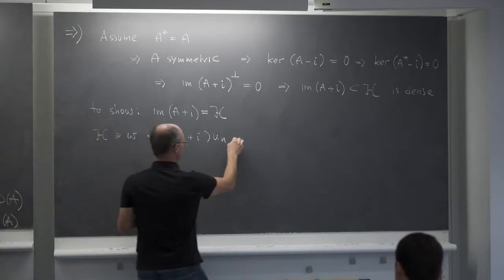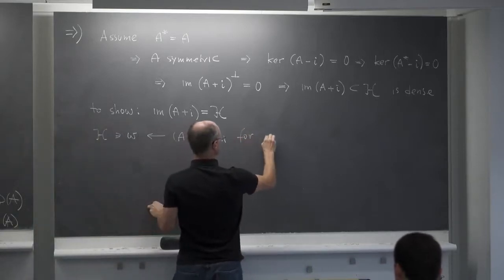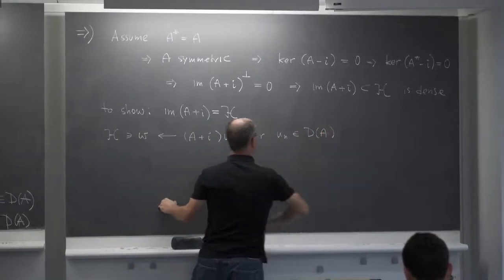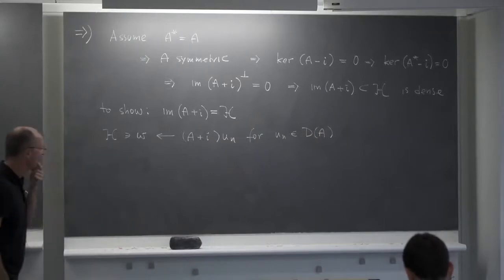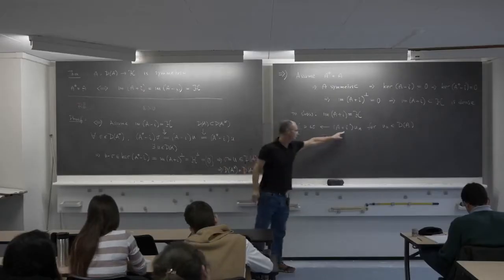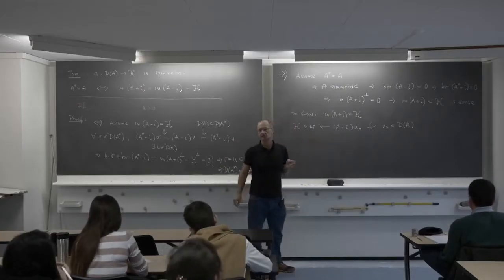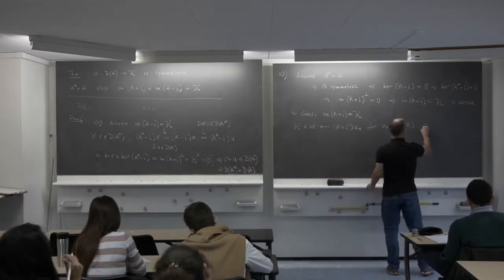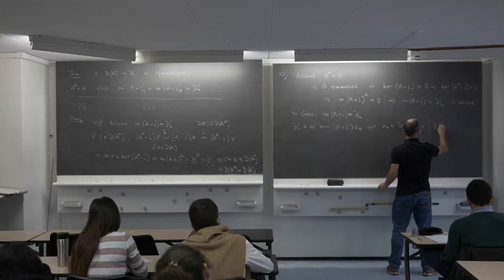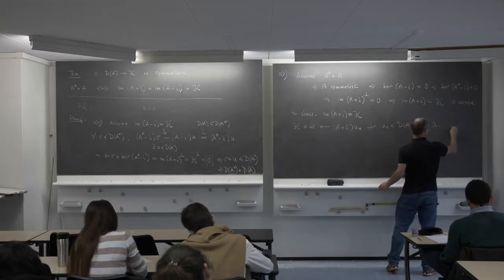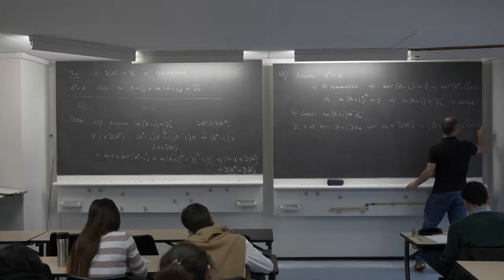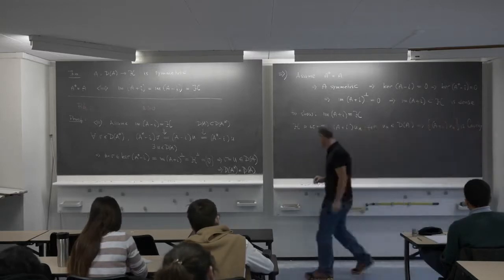Now those UNs are in D of A. Well, this sequence is converging. This means this is a Cauchy sequence, right?